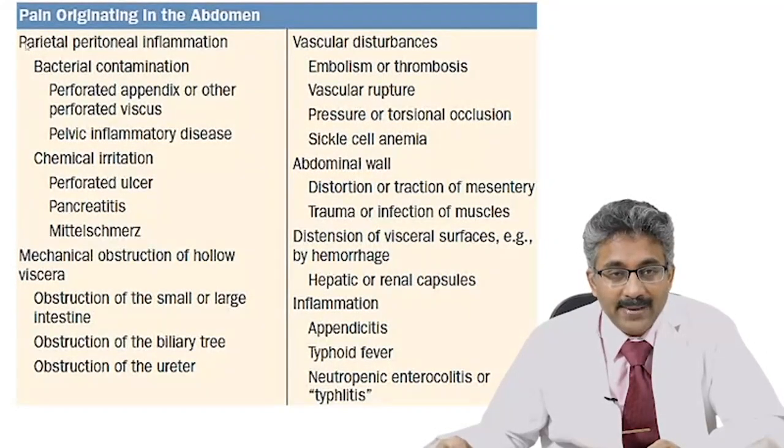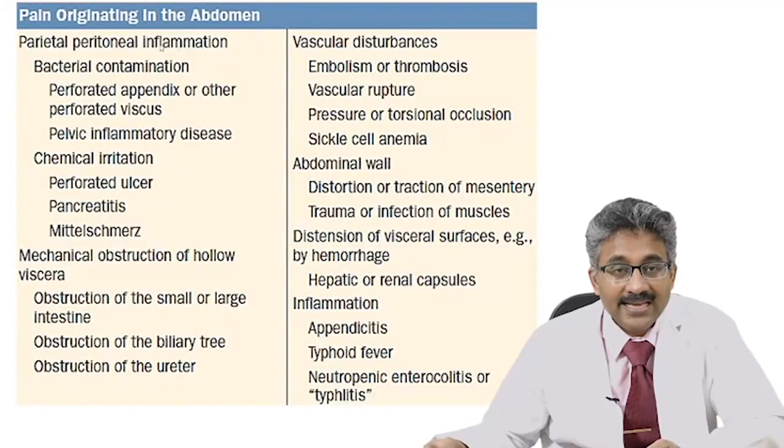Students, if the patient has abdominal pain due to parietal peritoneal inflammation, the pain is steady, constantly aching. Wherever the parietal peritoneum is inflamed, the patient will experience somatic pain just above it because of the projection theory of pain.